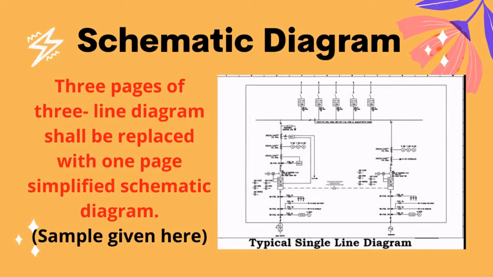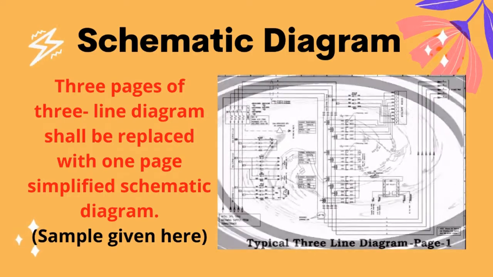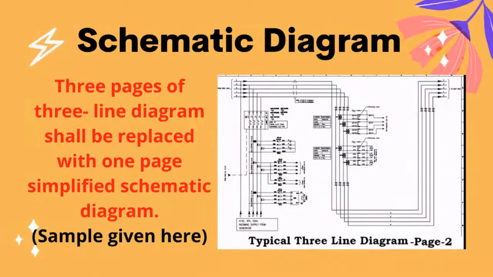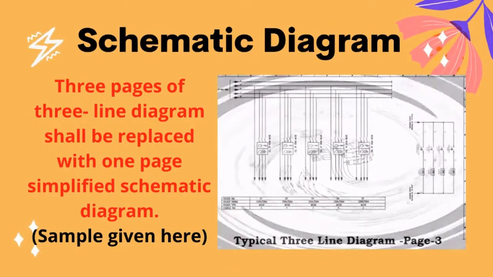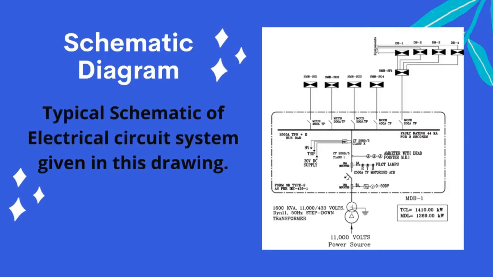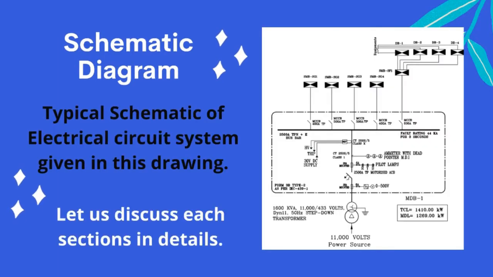Three pages of a three-line diagram can be replaced with a one-page simplified single-line diagram. A typical schematic of the electrical circuit system is given in this drawing.